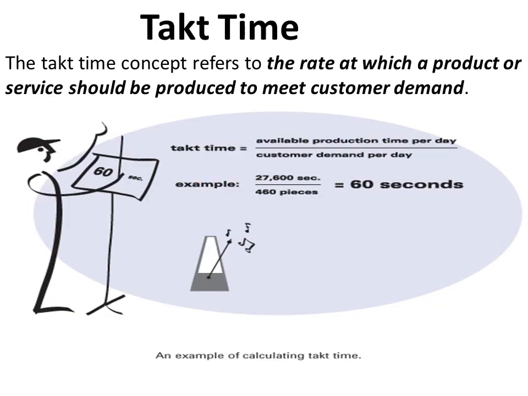Okay, the next one is the Takt time. This is the concept which refers to the rate at which a product or a service should be produced to meet customers' demand or customers' orders. To determine Takt time, we divide our available production time by the customer's demand.